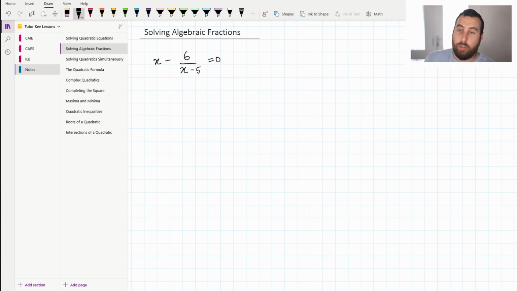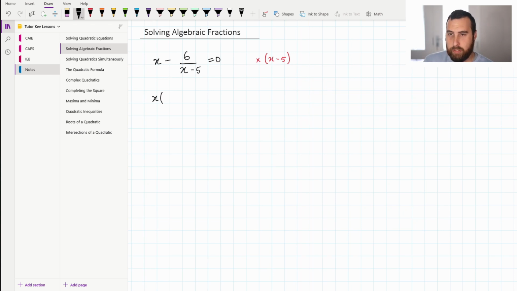So a nice simple trick that we learn about in Cambridge is that we multiply every single term by all the denominators that are present. This is a simple example because we only have one denominator, so we're going to multiply every term by this denominator. So let's go through it.